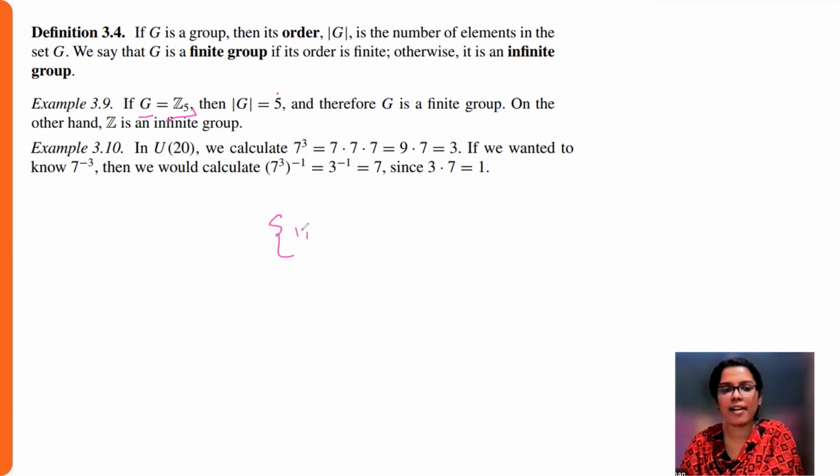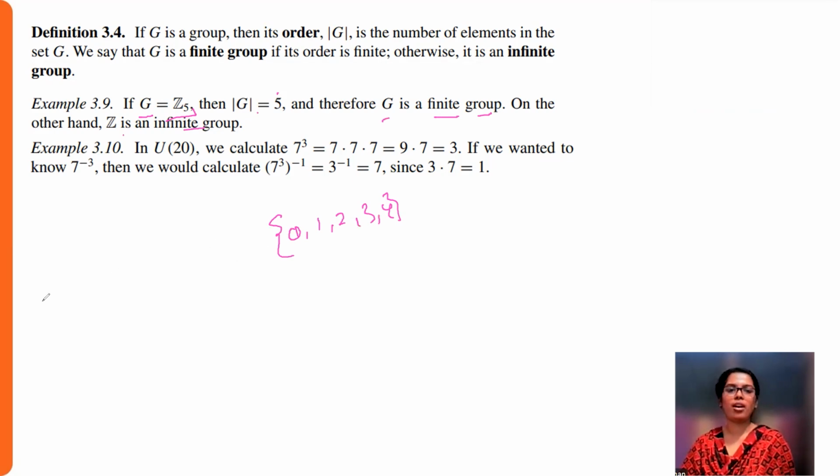We have 0, 1, 2, 3, 4. So in G we have 5 elements. So we can say that the order of G is 5, and hence G is a finite group. On the other hand, if we talk about Z, it is an infinite group because we have an infinite number of elements in that group, right?